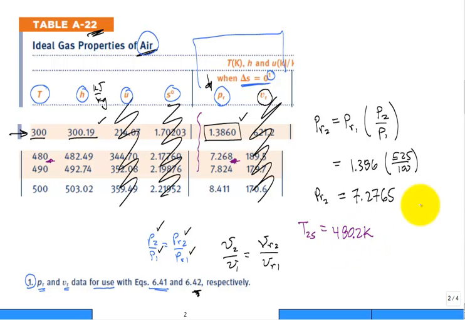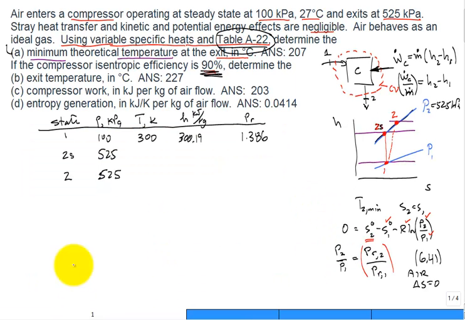And if you want, you just take off the 273, so that converts to around 207.2. We'll drop it and just call it 207 degrees C. That's T2s. Now I did all the work on this second page, but we come back and we find that, yep, it's around 207 degrees C for that exit temperature.